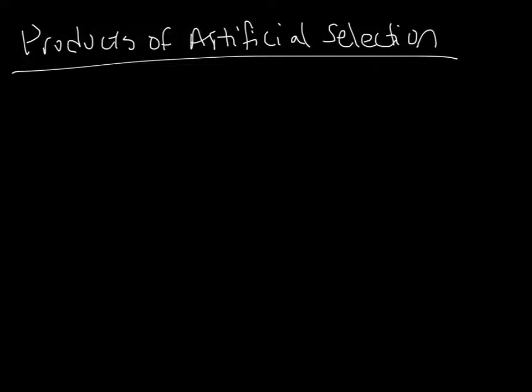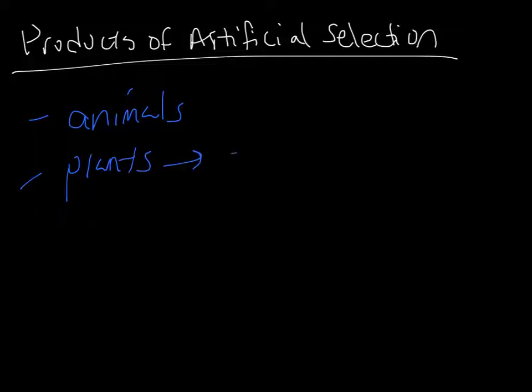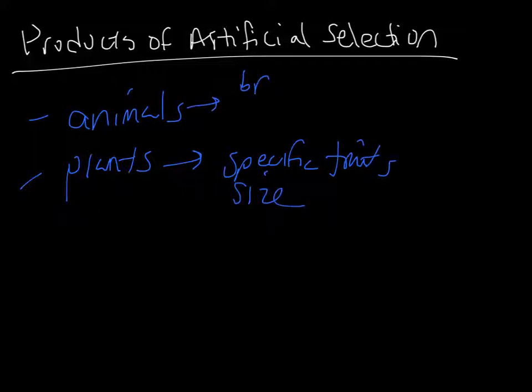Some of the products of artificial selection, as I mentioned earlier, are things like animals, plants, specific traits, size, and the same would be for animals in terms of breeds and work, which is all important to think about.